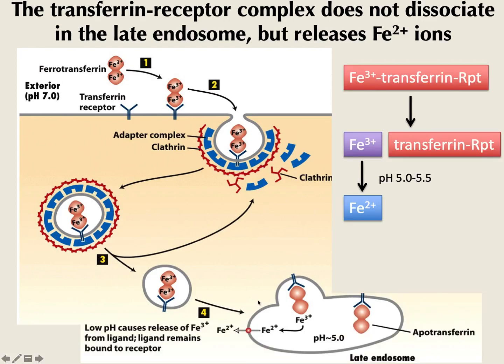Now, the changes in pH, here there's something slightly different, which is because it's iron, and its own charges can be modulated by pH. The lower pH causes this transformation from Fe3+ to Fe2+.